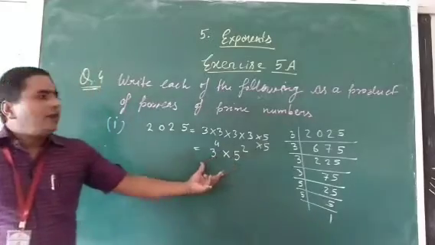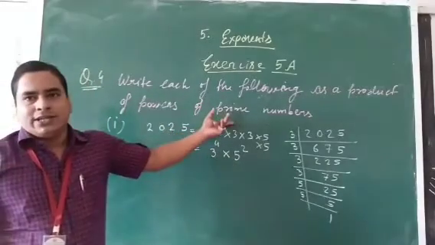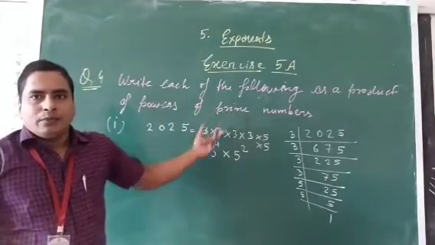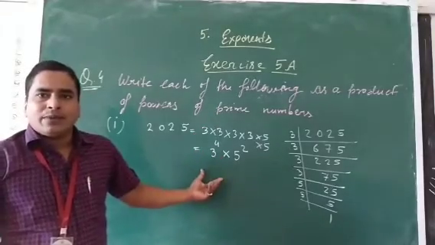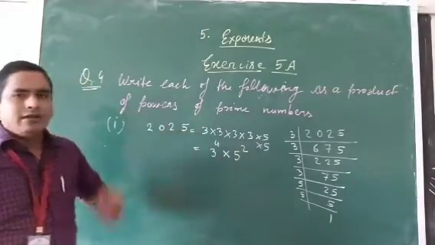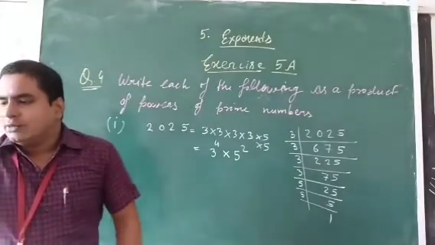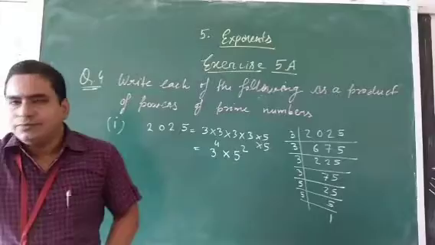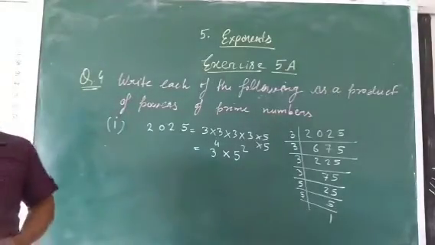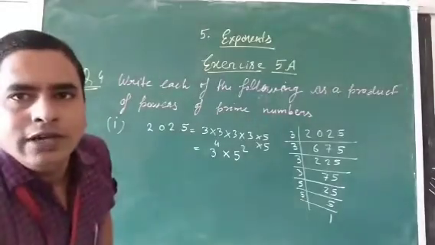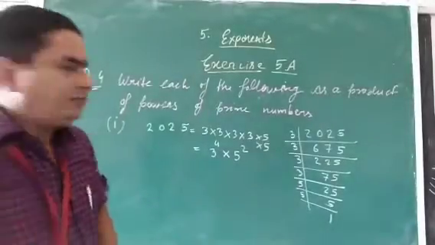This is the product of powers of primes, the prime factorization of this given number. Clear? In this way you will solve the other problems, second, third and fourth. One more we will discuss, the fourth one.